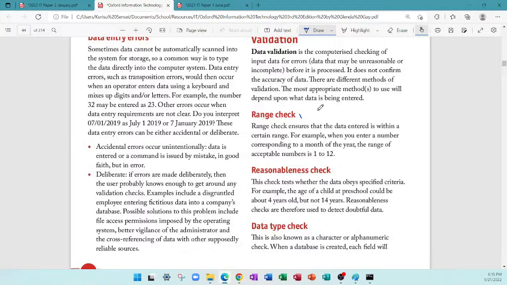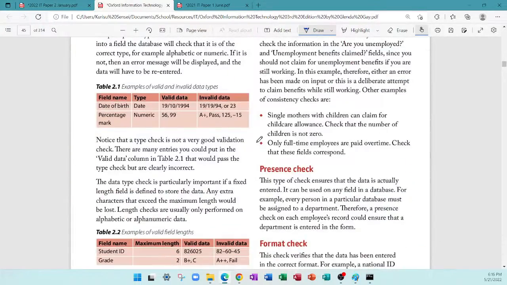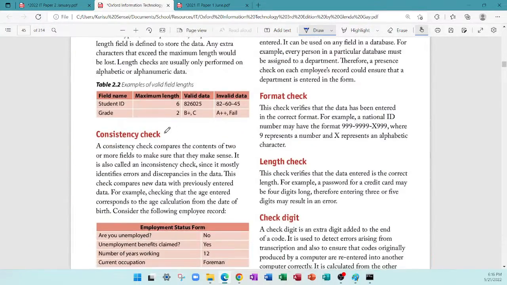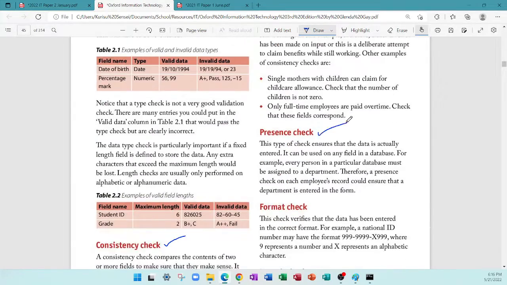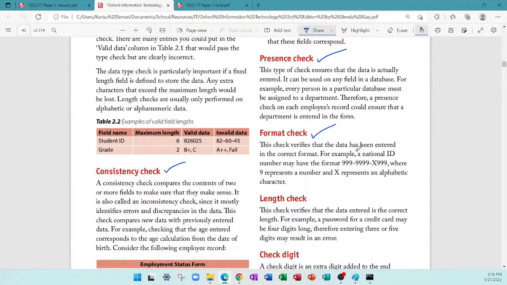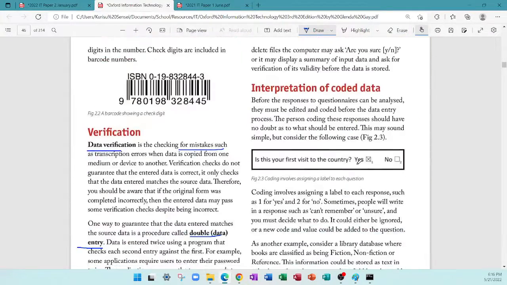So like if you enter data within the range, if the data you entered made sense, if it matches the type of data. Those are all criteria, like if you meet the standard, if it's consistent, if it matches the previous data, if it actually has data, if it matches the format, if it has the correct length, if it has digits inside of it.